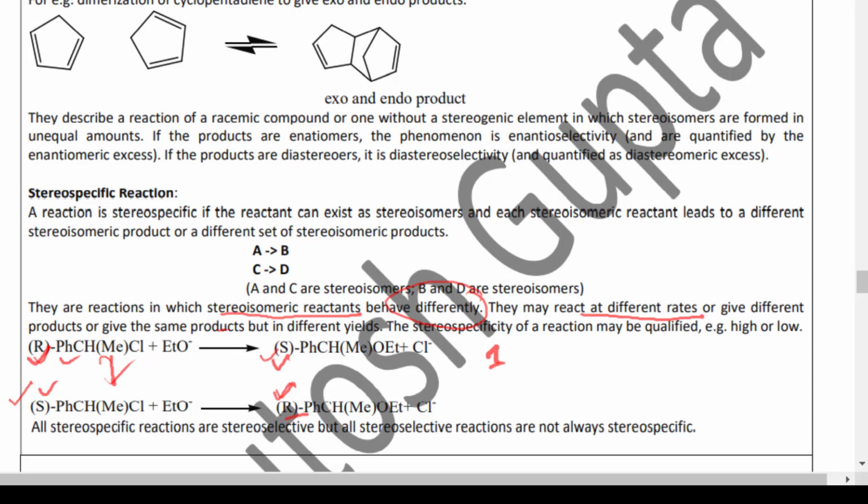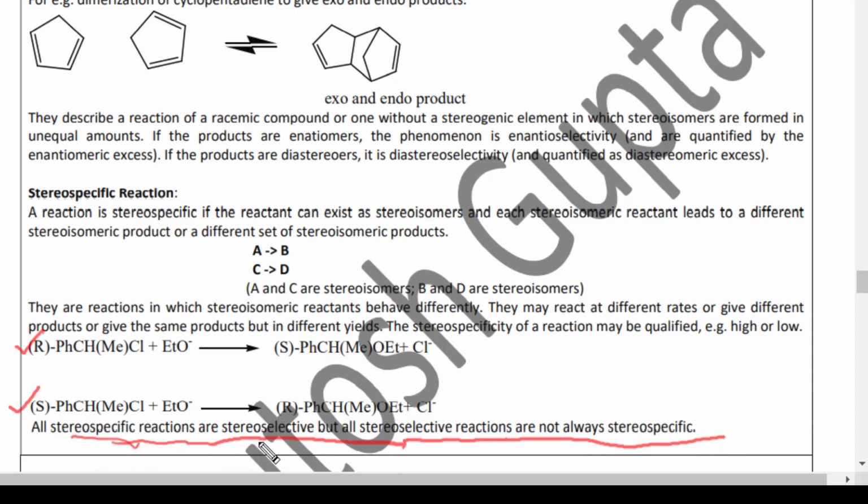In drugs, this particular principle is used very much, because this might act as a drug and this might act as a poison. All stereospecific reactions are stereoselective, but all stereoselective reactions are not always stereospecific. All stereospecific reactions are stereoselective means yes, only one product formation is taking place, but there is a possibility of another stereoisomer forming in a very small quantity.